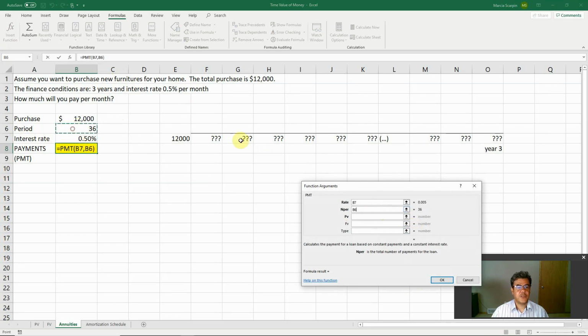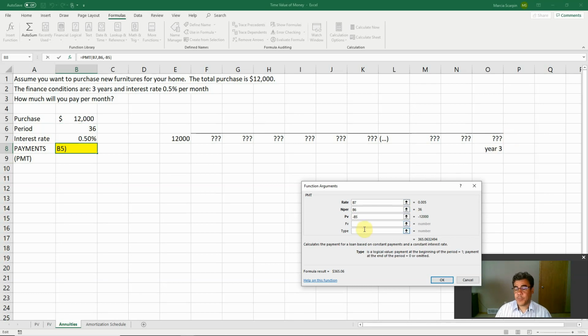Number of periods, 36. Present value is our purchase, so negative $12,000. We are taking this money, so it is a negative money for us. Or our final result has the opposite sign of the present value. Future value, we will not be paying anything at the end of our 3rd year or 36th month.